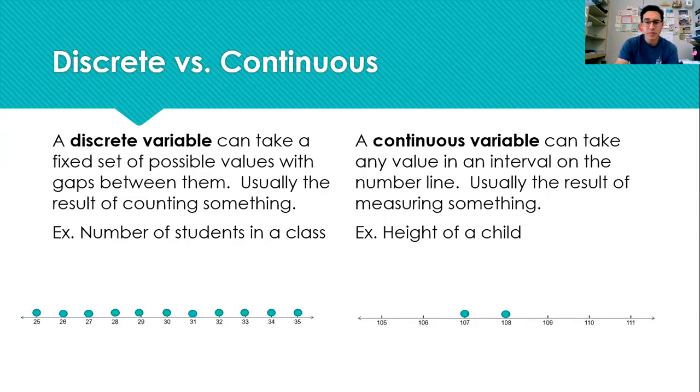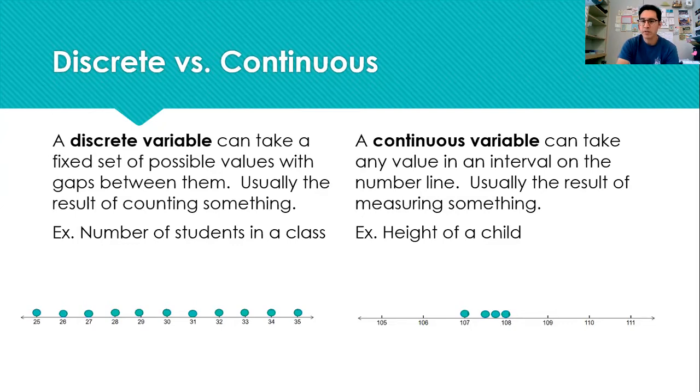Can they be measured at something in between those two values? Of course, they could be 107.5 centimeters. Could they be measured at a value in between, say 107.5 and 108? Well, sure. If we have an instrument precise enough, we can measure height to, I don't know, 10 decimal places if we really wanted to.